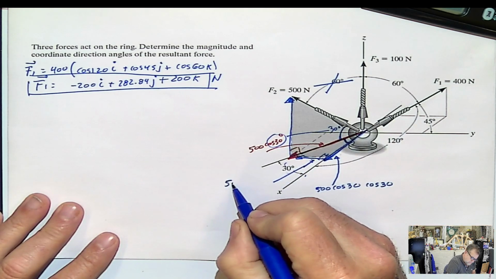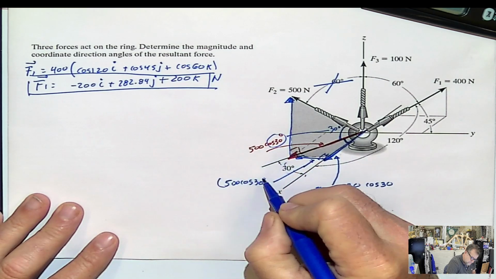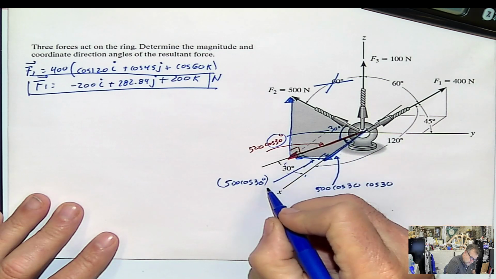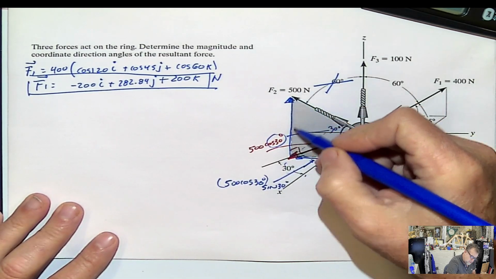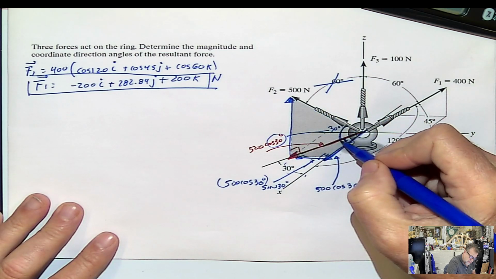So that will be 500 cosine 30, which is this one. Now I'm multiplying by the sine of these angles, sine 30 degrees. And this projection, which is the easiest one, is just 500 sine 30 degrees, and that will give me that projection over there.